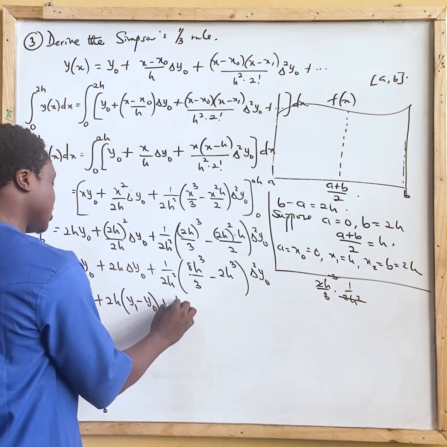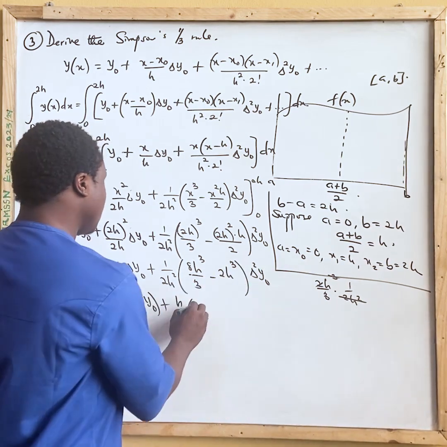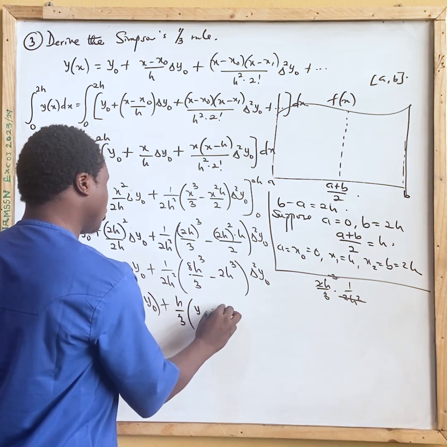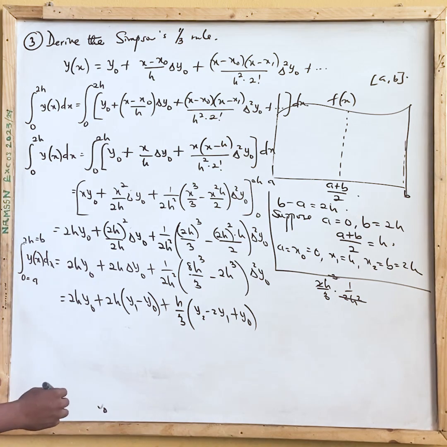So this is plus h over 3 into forward square y naught, that will be y2 minus 2y1 plus y naught from our forward difference operator.